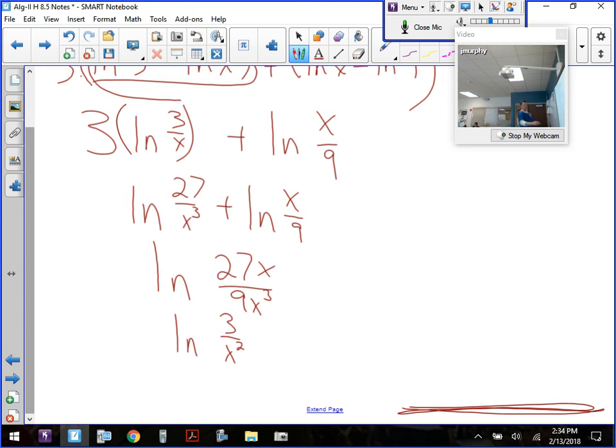I multiplied straight across: 27 times x cubed times 9. I just put them together because they're still fraction over fraction. When you're multiplying fractions, you just multiply straight across. So let's see here.